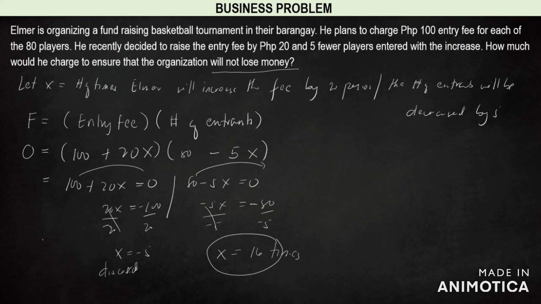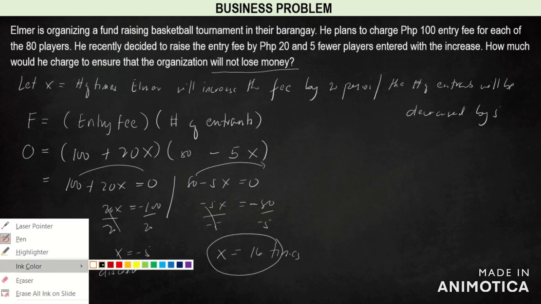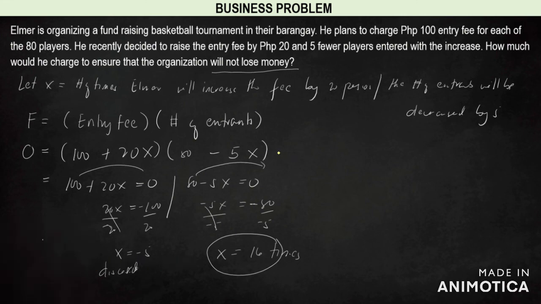When he increases by 20 pesos 16 times, no one will register anymore. Let's check. Dito tayo sa entry fee. If Elmer increases 16 times, the entry fee will be 100 plus 20 times 16, which is 320. So we have 420 as the fee per player. If he charges 420, let's look at the number of entrants.